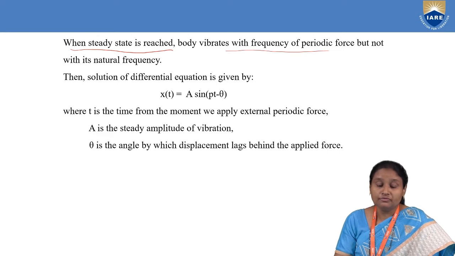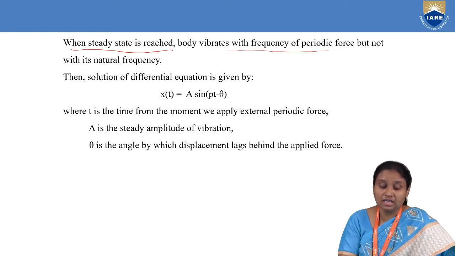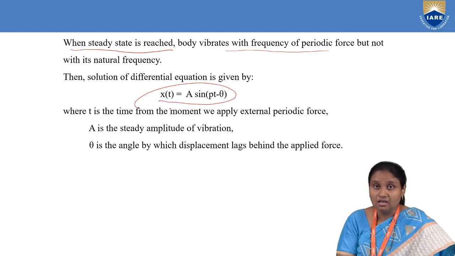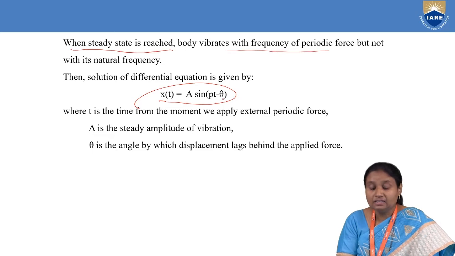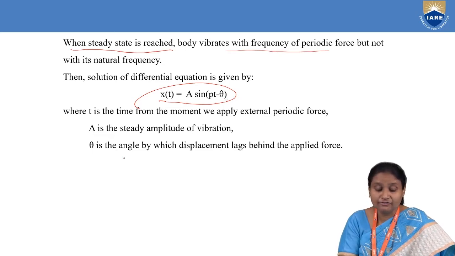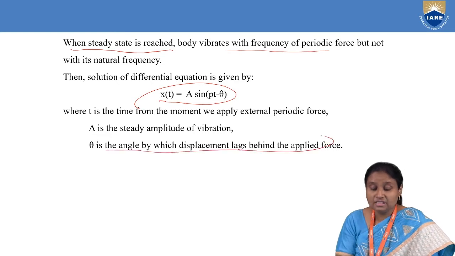The solution for the second order differential equation, I am taking as A sin(Pt minus theta). Of course, A is the steady amplitude of vibration, and P is our driving frequency, or the frequency of the external force applied. And here there is one parameter, theta. What is theta? Theta is the phase angle. And what is that phase angle?